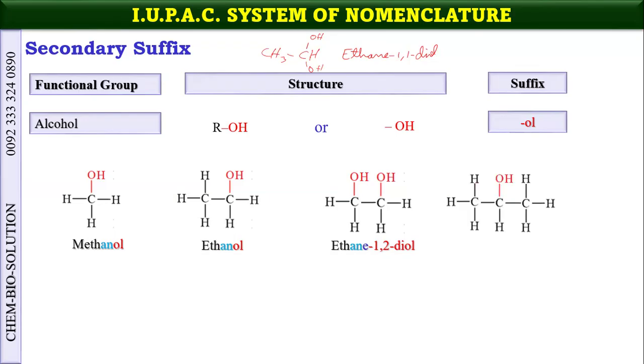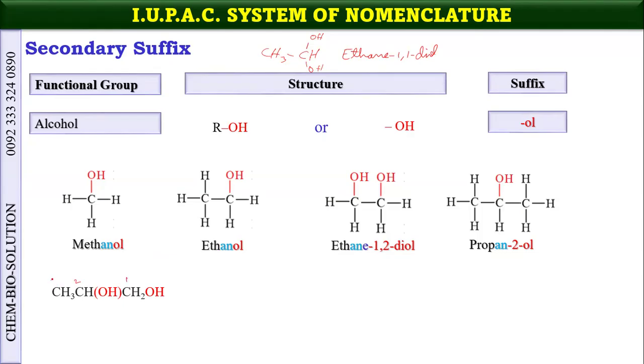Now, similarly, this is propanediol. Sorry, not diol. This is propanol. Propanol could be on first position or second position. So if it is on second position, this is called propan-2-ol. If it is on first position, then it is propan-1-ol. Now see, it is on first and the second position.